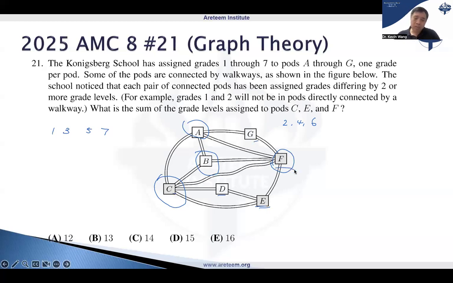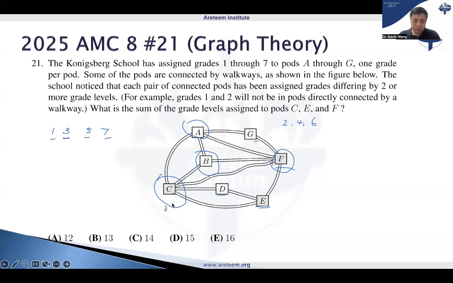That means the number in C cannot be next to D and E. So among 1, 3, 5, 7, let's see which one can work. Let's say C is a 3.